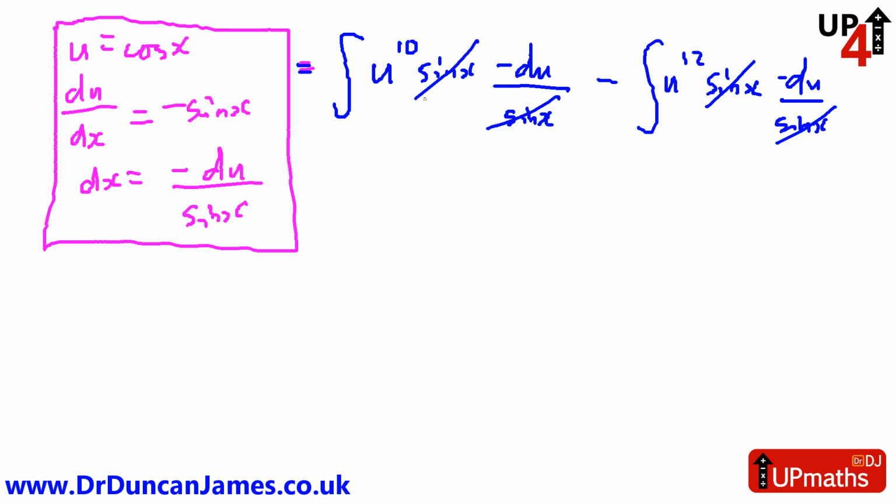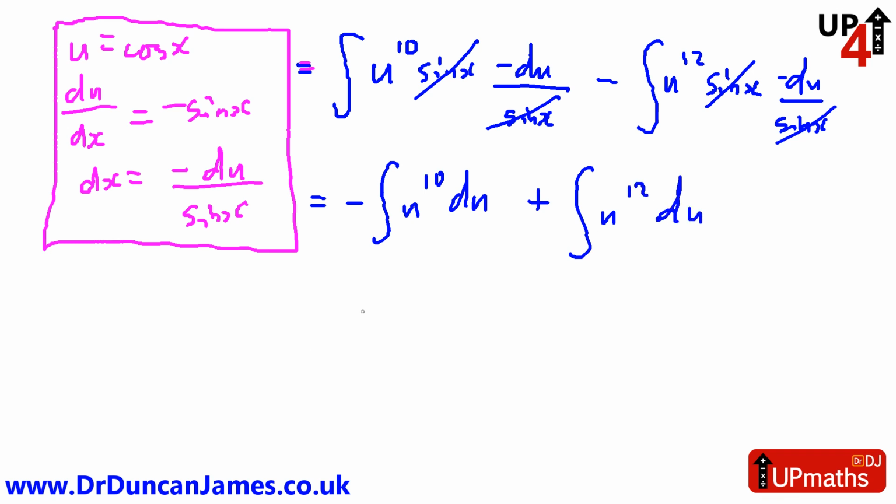Philosophical discussion, are you allowed to do that? Let's not worry about it. So that's minus the integral of u to the 10 du plus the integral of u to the 12 du, because the two minuses have cancelled because they're being timesed. So then that equals minus 1/11th u to the 11 plus 1/13th u to the 13 plus c.